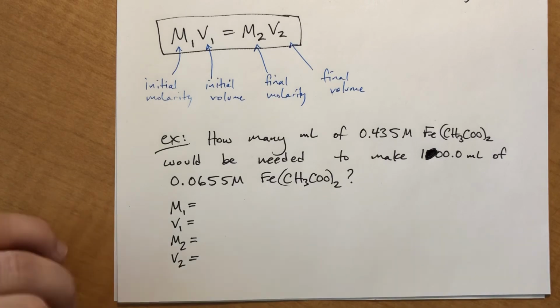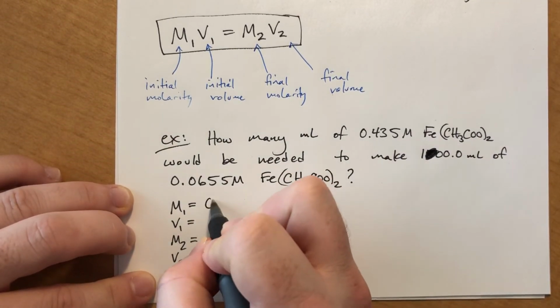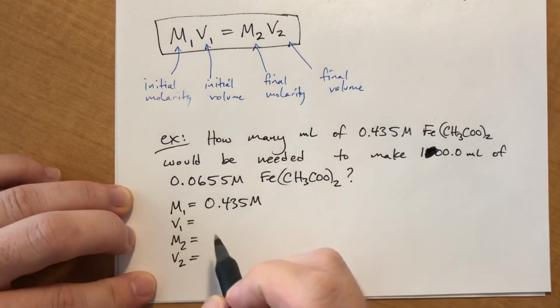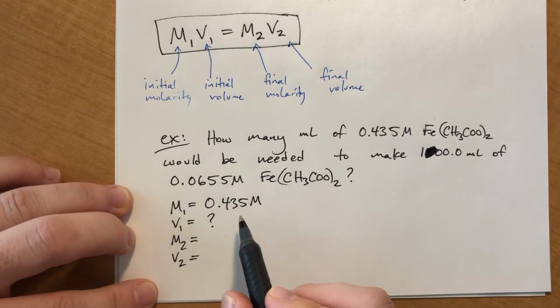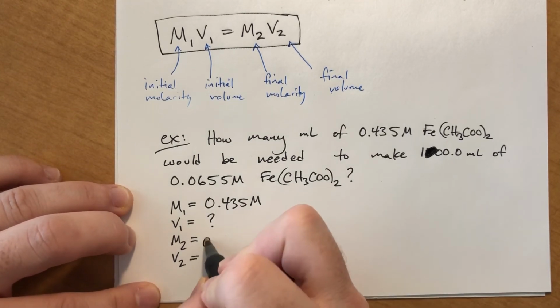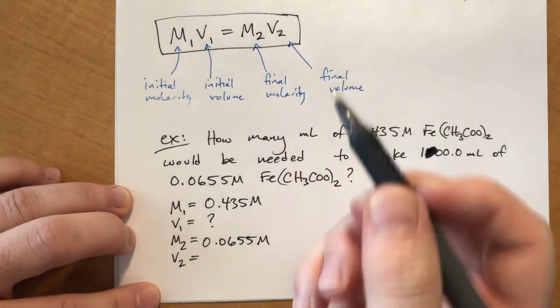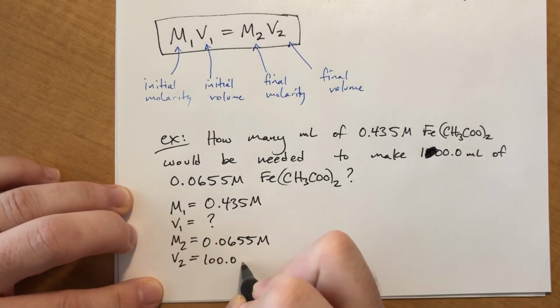But okay, so how many milliliters of 0.435 molar? That is our initial concentration, 0.435 molar. How many milliliters? We want to know this volume. That's the one we don't know. M2 is the final concentration, which is 0.0655, which is a lower number, which makes sense because we're diluting it. And the final volume is 100 milliliters.